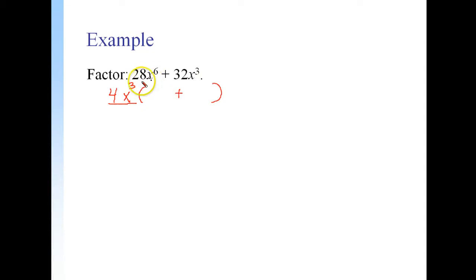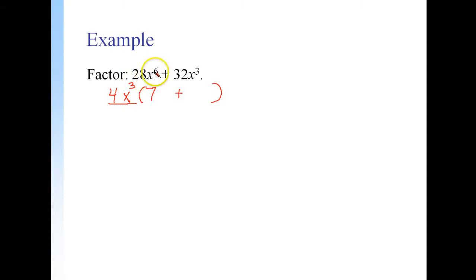And what factor of x can I take out of each one of these? Well, the greatest one I can take out of each one is x to the third. So it would be the smallest degree of our exponents here. So now what's left here? Well, 4 times 7 is 28.